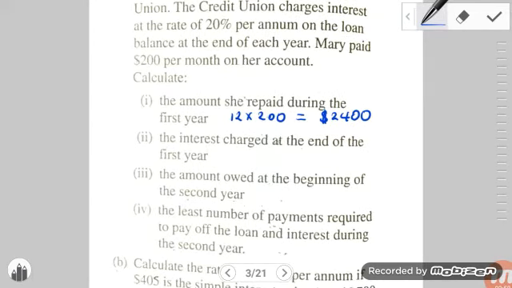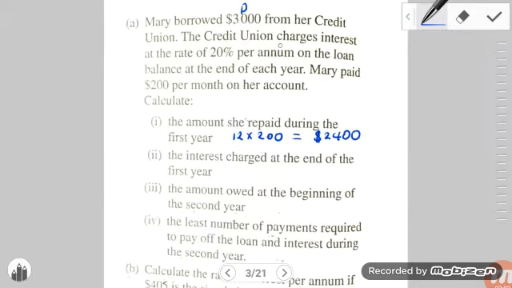The interest charge at the end of the first year. In this part of the question, they said that the credit union charges interest at a rate of 20% per annum on the loan balance at the end of each year. So the loan balance is going to be the $3,000 that she had borrowed minus what she paid, and that's going to be equal to $600. So she's owing the bank $600 and they're going to charge her 20% interest on that.